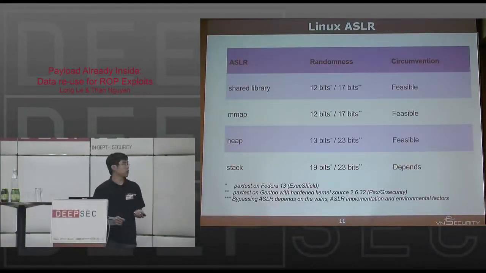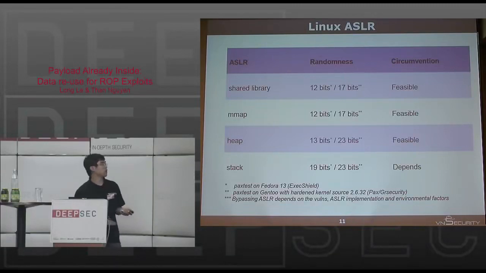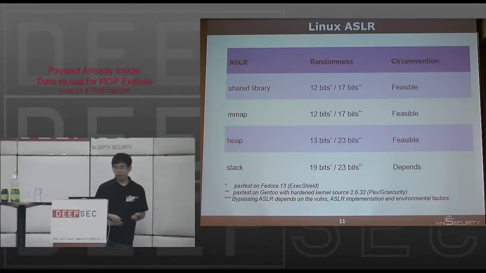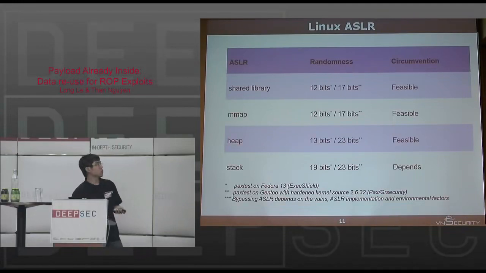This is a quick overview of the result of the PaX test on Fedora 13 and Gentoo Hardened with the hardened kernel 2.6.32. You can see the randomization: the first one is for Red Hat, and the second one for Gentoo with the PaX and grsecurity patch.